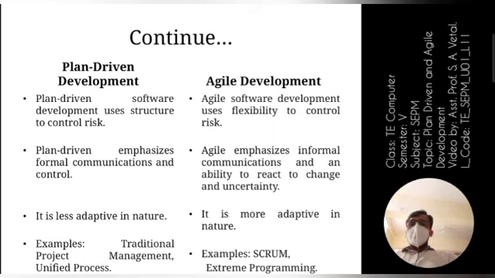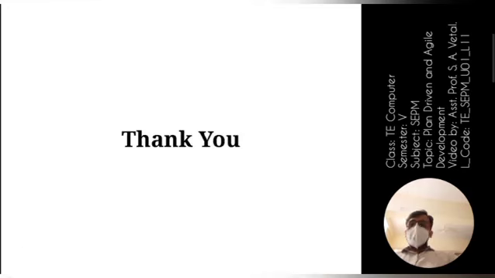The examples of plan driven development are traditional project management, then the unified process. The examples of agile development are Scrum or extreme programming. Scrum and extreme programming are the topics that we are going to discuss in our coming lectures. So this is plan driven development and agile development.